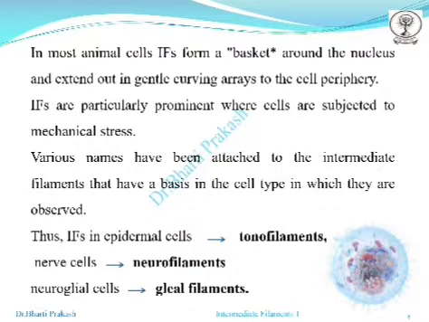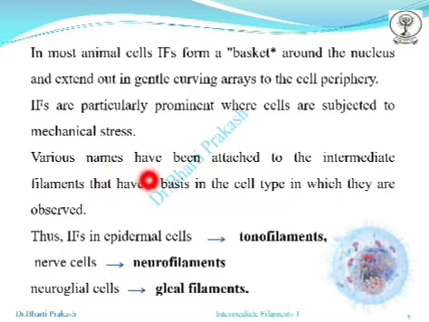In most animal cells, the intermediate filaments form a basket around the nucleus and extend out in gentle curving arrays in the cell periphery. The intermediate filaments are particularly prominent where cells are subjected to mechanical stress.